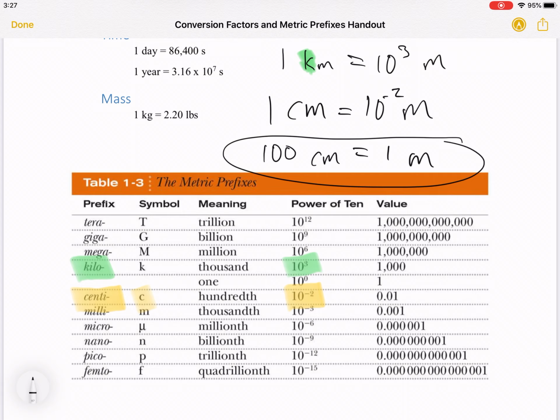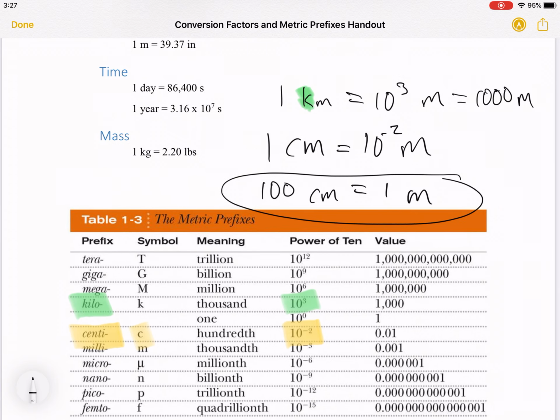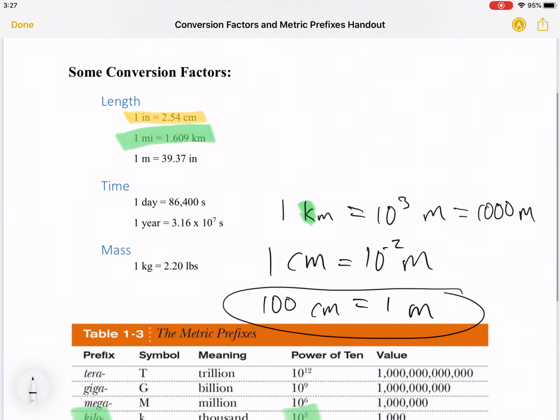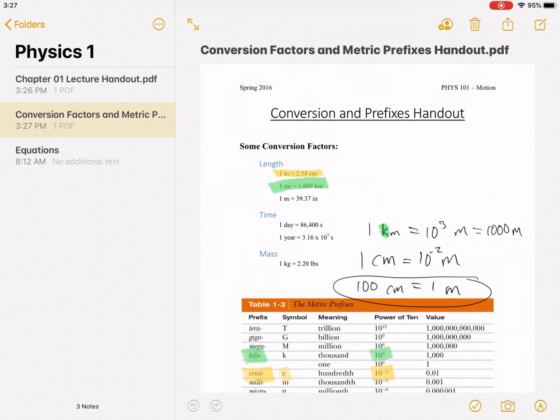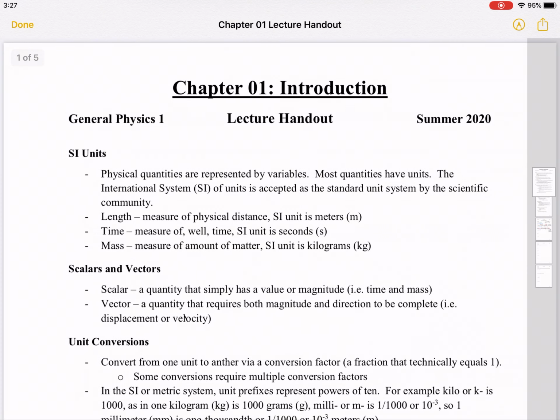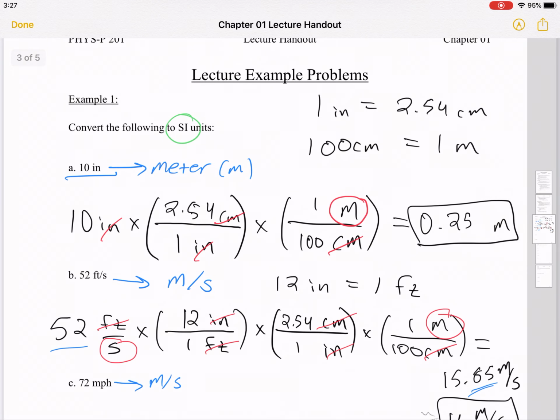Maybe I will use this version, because the other thing I could do is say 1 meter equals 10 to the minus 3 kilometers, but this isn't super awkward. Again, I could just write this as 1,000 meters if I wanted. That's useful. I also have hours. Maybe we'll go back and deal with the time in a second.